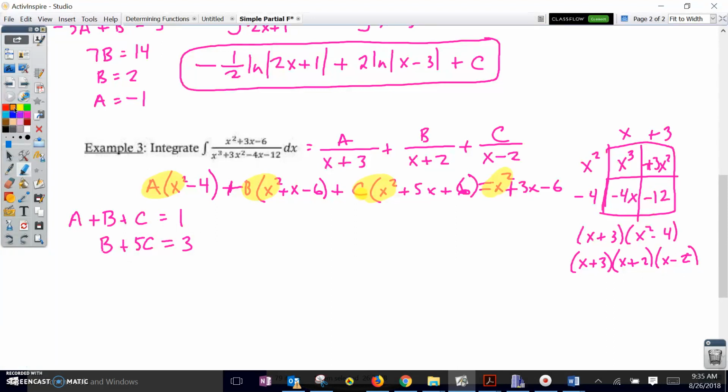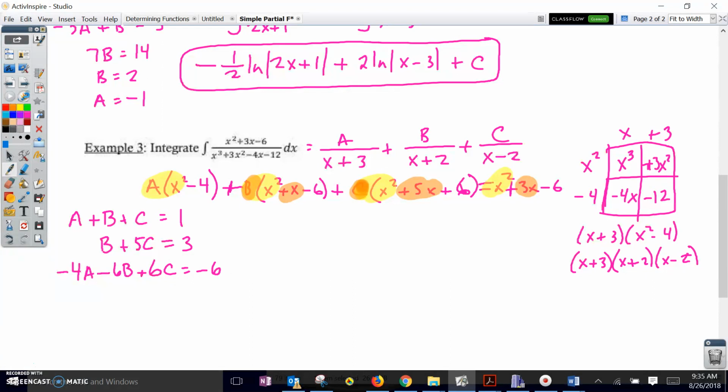And that's because of the x's. And then my last equation in my system is going to be negative 4a minus 6b plus 6c is equal to negative 6.